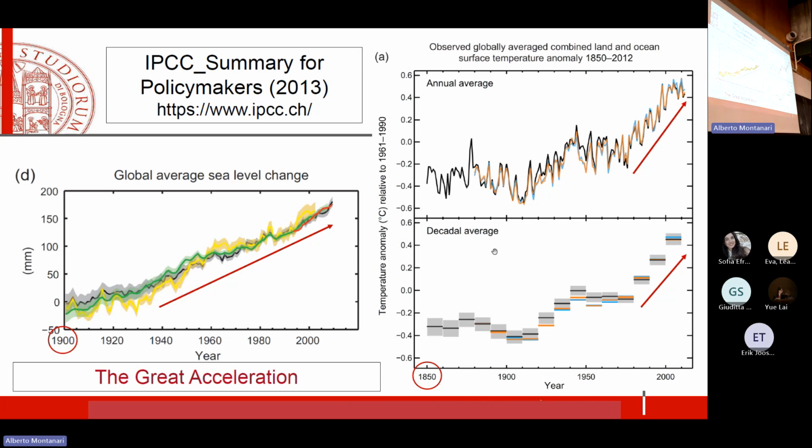We have some flood marks taken by the Egyptians along the Nile River. But if we look in terms of regular measurements, then the instrumental period is located at 1850.